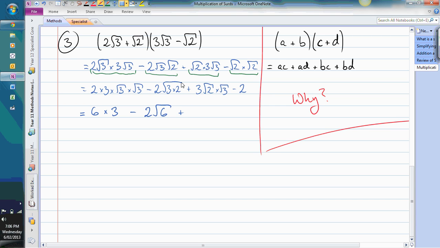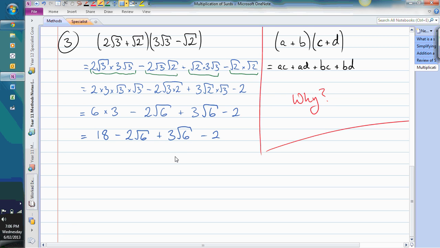This expression here, similarly to over here, can just be written as the square root of 2 times 3, and of course 2 times 3 is just going to be 6. And I'm going to keep this minus 2 here still. Almost there. 6 times 3, 3 sixes are 18. Minus 2 root 6 plus 3 root 6 minus 2.